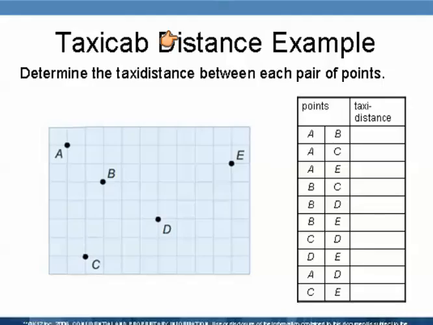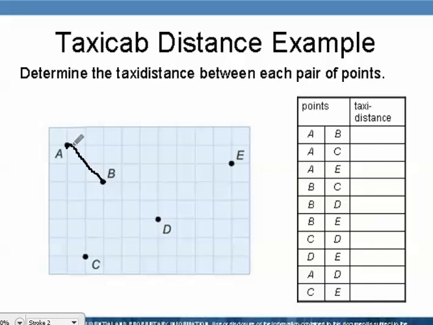Okay? So, what are we taking up today? It's called taxicab distance. In the modern age, we've got buildings and things that get in the way. So, to find the distance from A to B, we couldn't use the distance formula because we can't go straight through the buildings any longer. And so we can't do that.